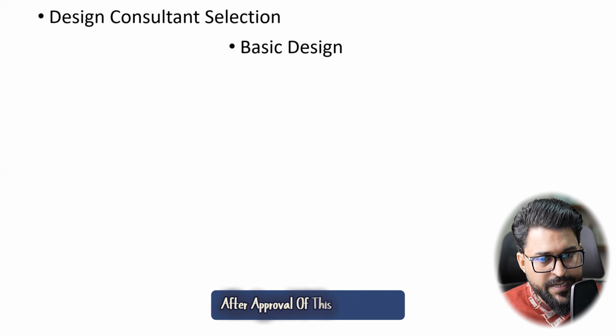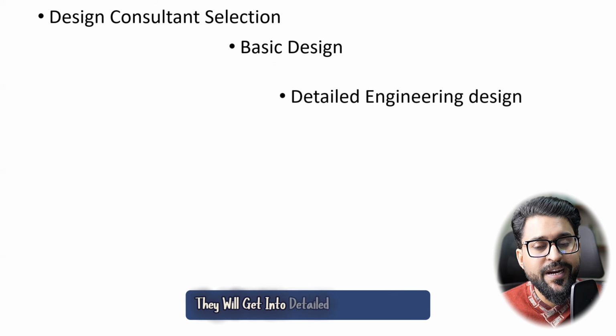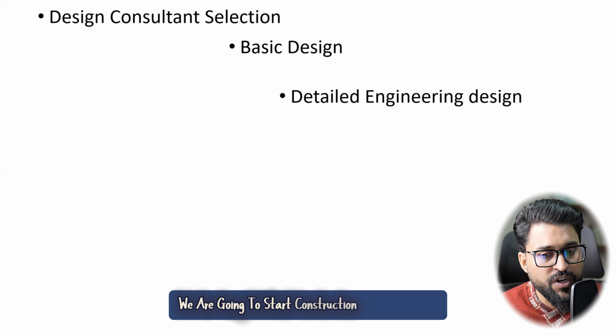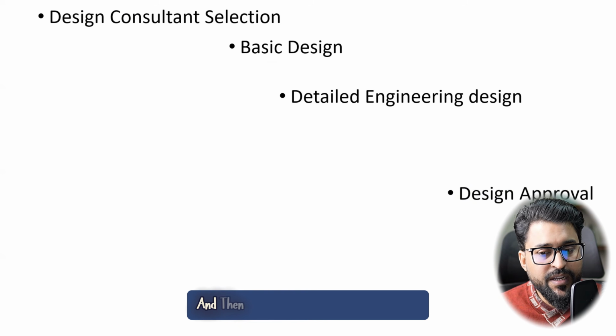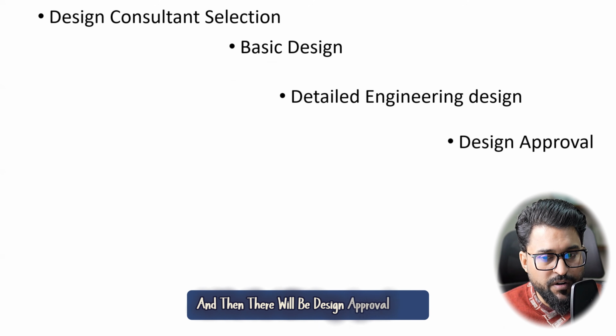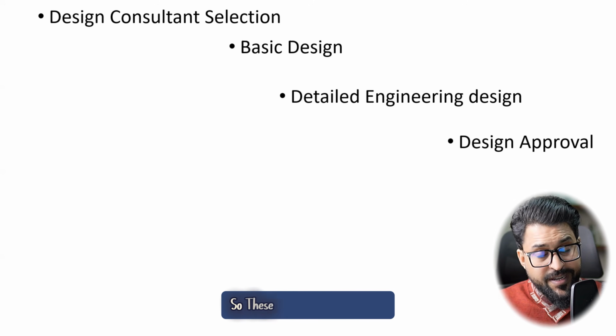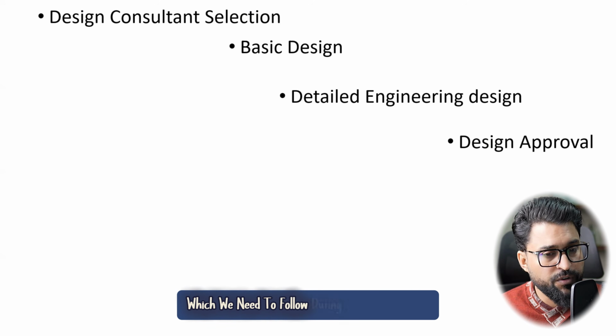After approval of this basic design, they will get into detailed engineering design, on the basis of which we are going to start construction of that product. And then there will be design approval, right? If this design is as per the criteria requirement, then it will be approved. So these are the certain steps which we need to follow during the design phase.